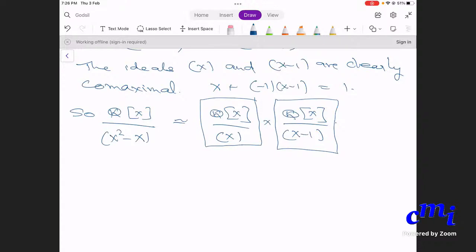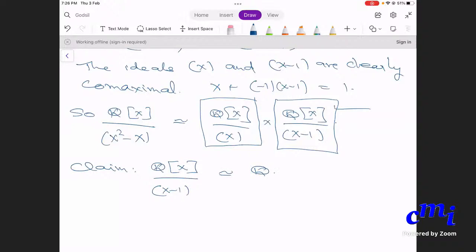Each of that can be proved again using the first isomorphism theorem. So, claim, I'll do it for this one. The other one is easier, or the same actually. So Q[x] mod the ideal generated by x minus 1 is isomorphic to Q.